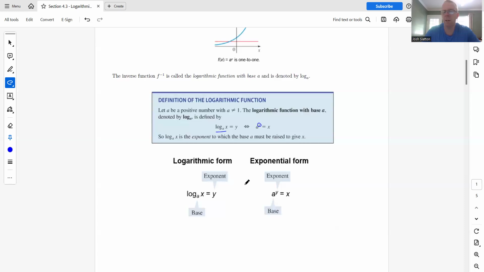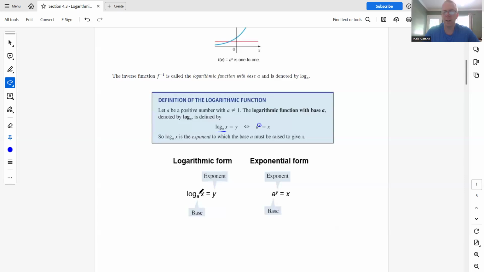We can see this relationship here. The base of the log is the base in the exponential form. And the exponent in the exponential form is the answer, I guess you could say, in the log form. The way I think about it when I'm working through these is that the base is the same, and then these two numbers just switch sides on the equal sign.